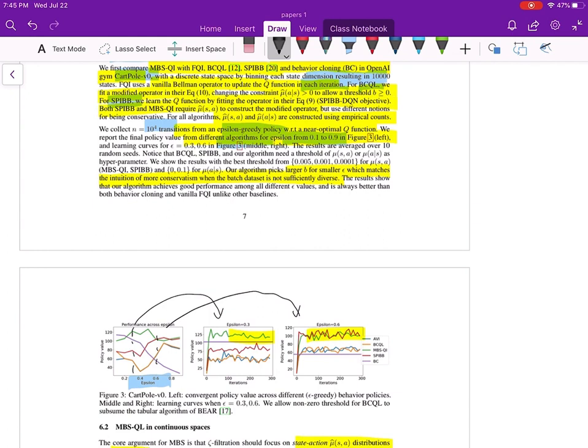So in both of these settings, as you can see, MBS QI is outperforming the other algorithms, and the behavioral cloning version as well. Surprisingly, when epsilon is 0.6, SPIBB is performing very close to MBS QI.